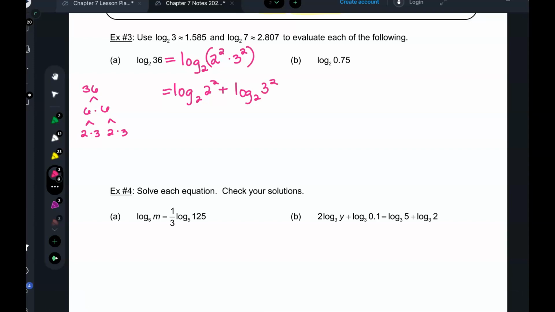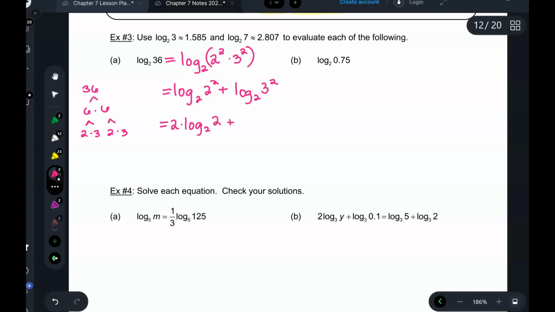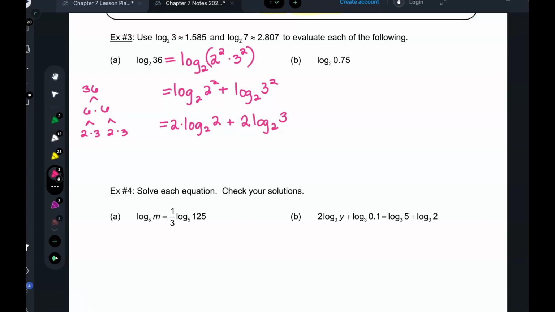Now the exponents, I can move them to the front. So I'll have 2 times log base 2 of 2 plus 2 times log base 2 of 3. So the first step was taking the multiplication and turning that into addition. And the second step is moving the powers to the front. So that's using that property above.